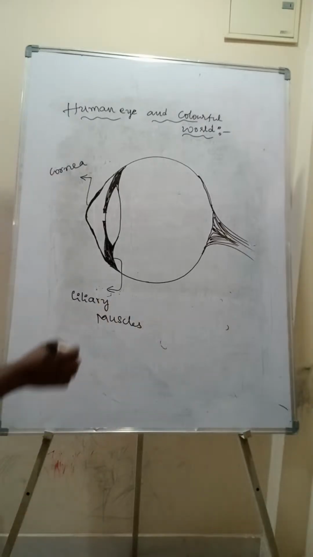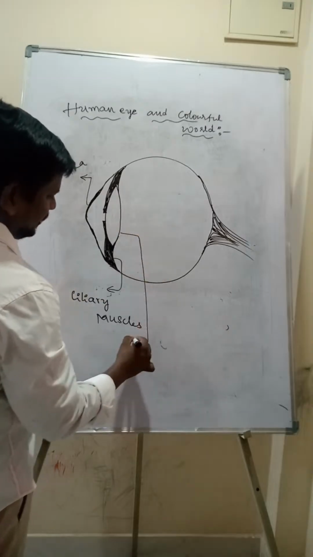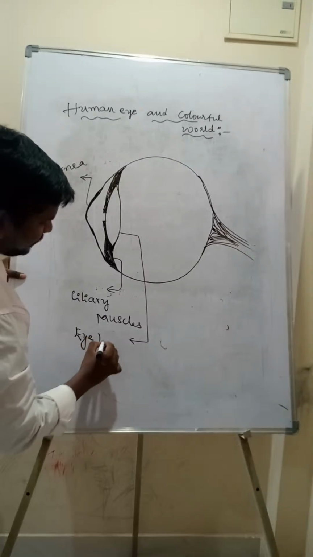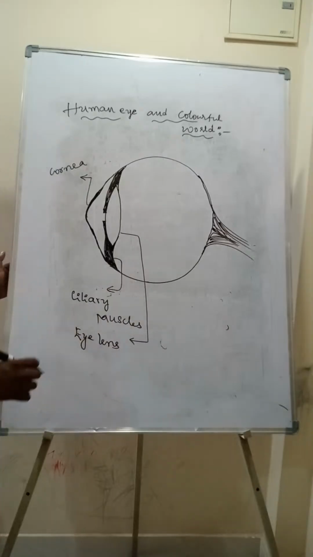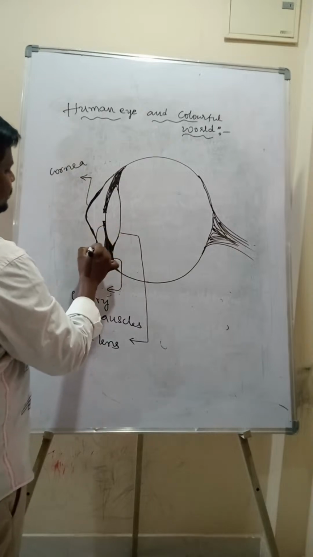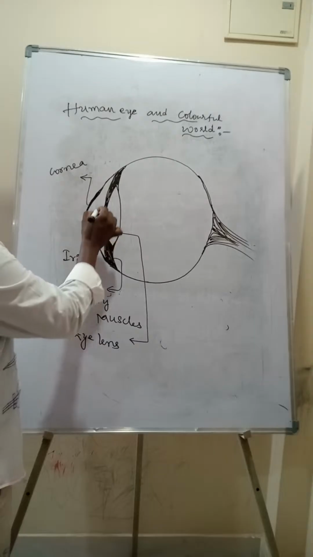Next one, this one is the lens, or crystalline lens also we can say. So this one is the iris, and here it is the pupil.